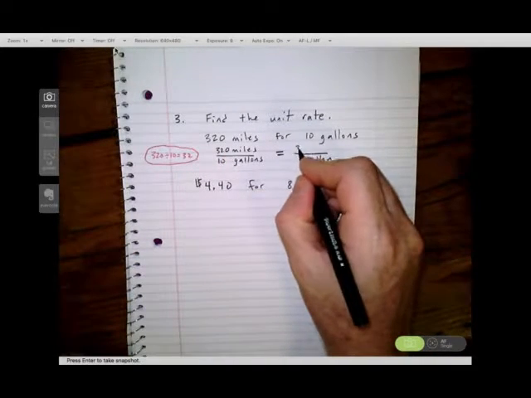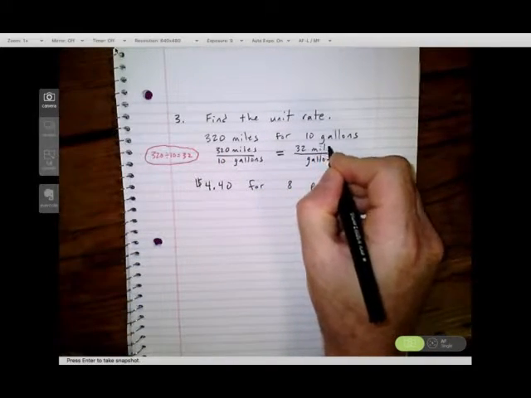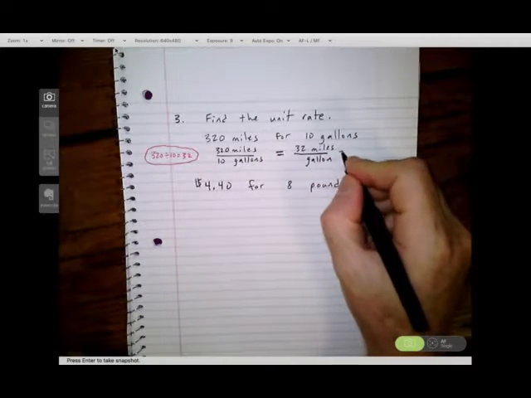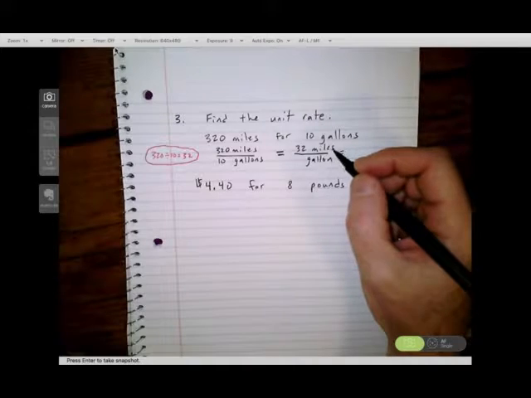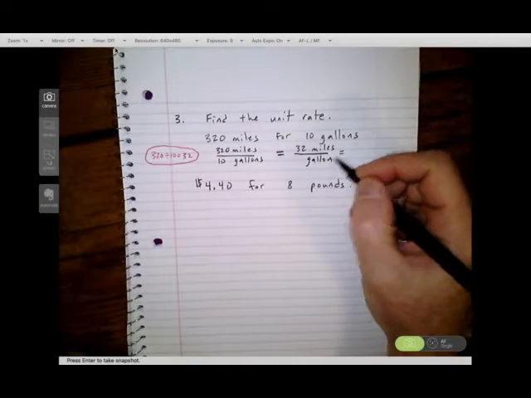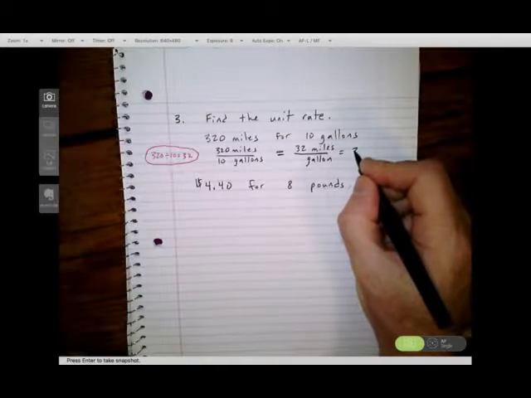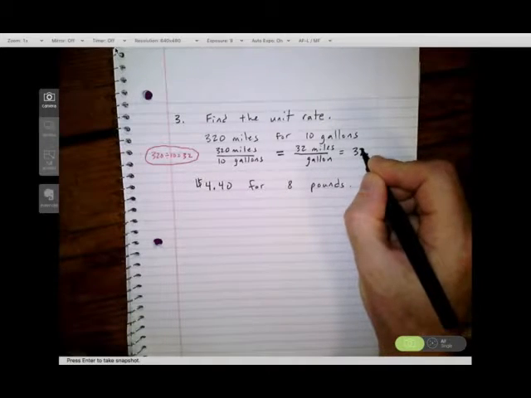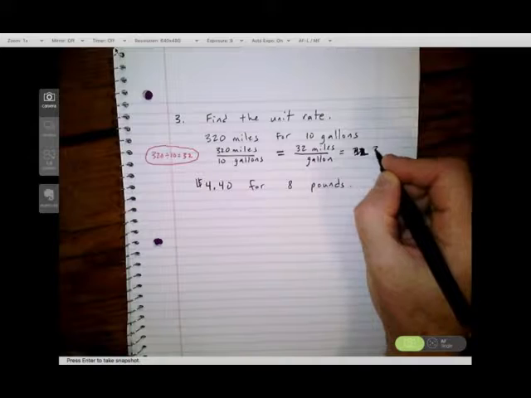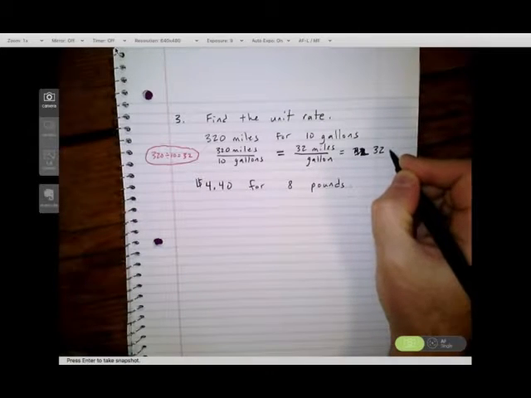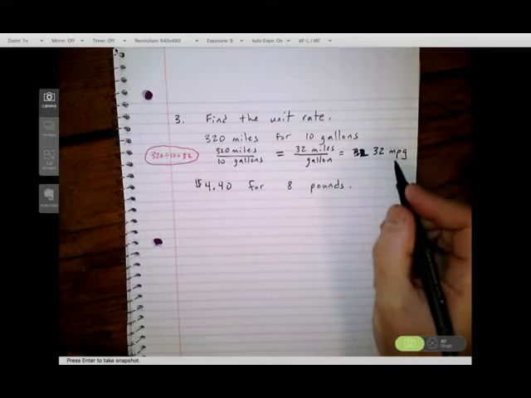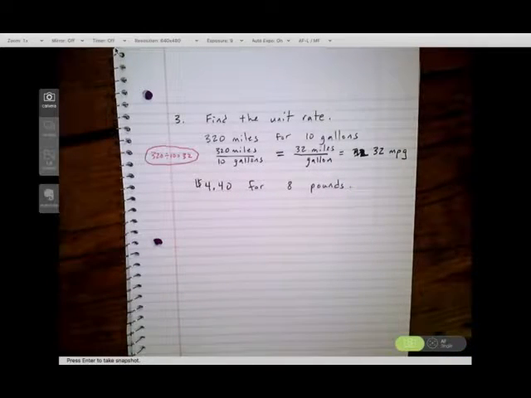So that's 32 miles for 1 gallon, or as we often will say when we're talking about gas mileage, 32 miles per gallon. And the way we often abbreviate that is like this, 32, oops, sorry, I'm just going to write that all over again. 32 miles per gallon. MPG is how that's often written. Miles per gallon. That's a unit rate.